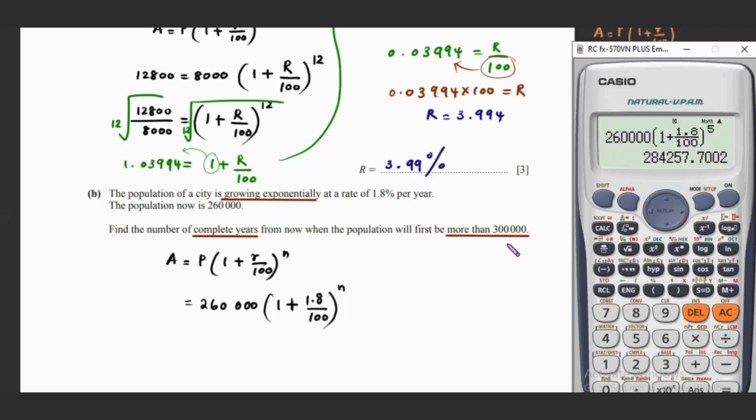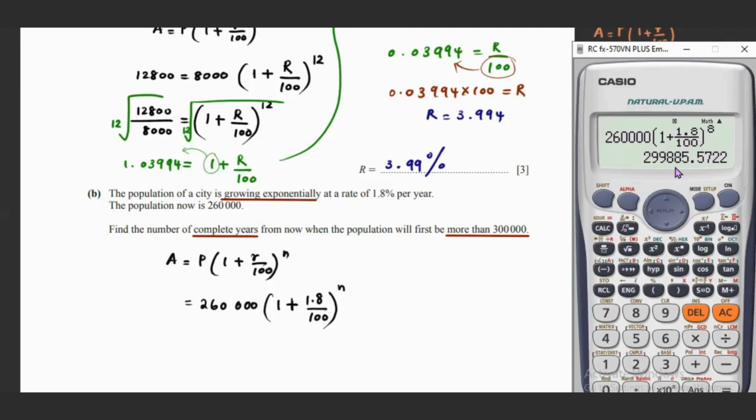So that did not pass 300,000. Let me make the value of n into a 7. When I make this into a 7, I get 294,000. Still, it did not pass 300,000. I'm going to make the value of n into an 8. Now, this is very close to 300,000, but still, it did not exceed 300,000.